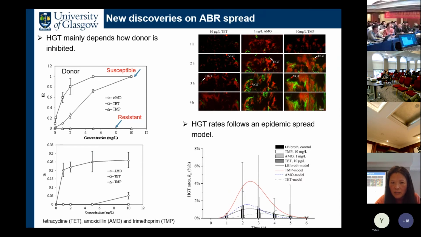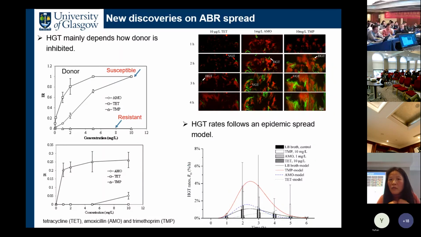TMP is one antibiotic, but the donor is susceptible to other antibiotics. Now, as you can see from this figure, if we treat the whole population in the presence of TMP, you will find the antibiotic resistance gene spreads much faster and more than when we use another antibiotic that suppresses the donor.